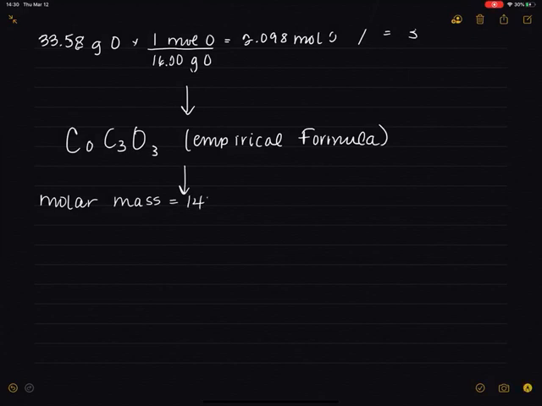Since we're dealing with the empirical formula, we typically call this the empirical mass so that we don't confuse it with the molar mass, the mass of the whole thing. But it's found the same way. I took 1 cobalt, 3 carbons, 3 oxygens, and I get 142.96 grams per mole.